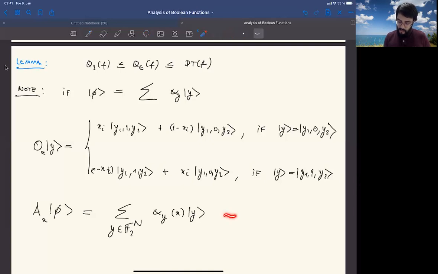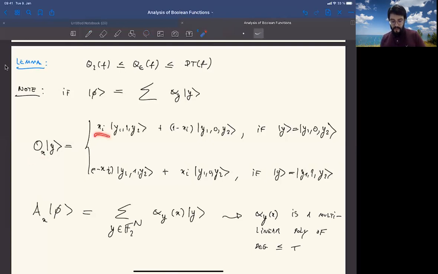But then you do know that alpha of x is a multilinear polynomial of degree less or equal than t, because you apply exactly t queries to x.